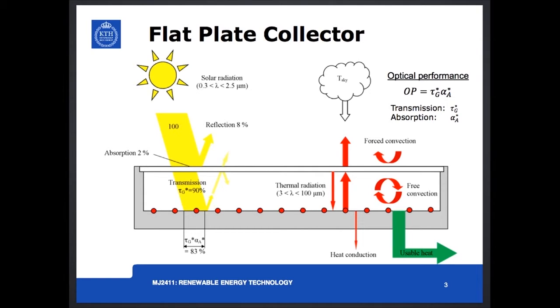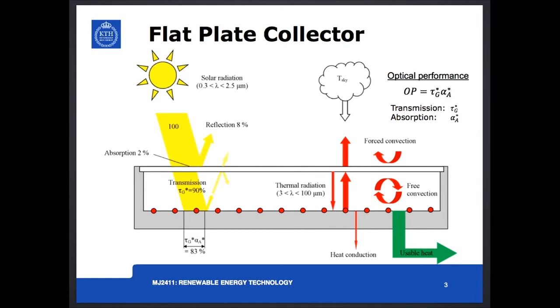As a result of the absorbed heat, the absorber itself heats up. Within the absorber, a heat transfer fluid is circulated, which is heated up, and the usable heat, here shown with the green arrow, can be extracted.